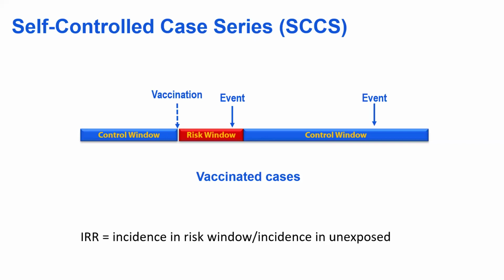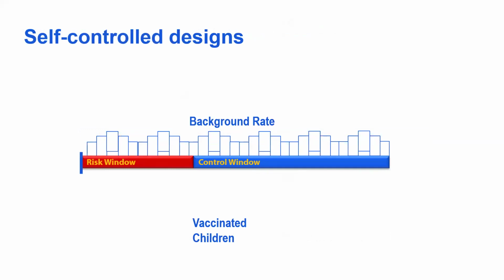I should also add that this method is primarily used for acute exposures and acute self-limiting events. It does not work very well for chronic exposures and chronic outcomes. The design, however, is susceptible to time varying confounding. So one of the assumptions is that the background rate is stable over time if you don't control for it.